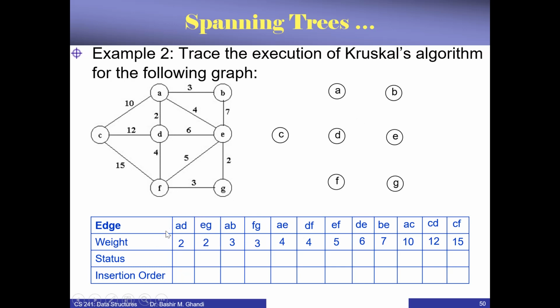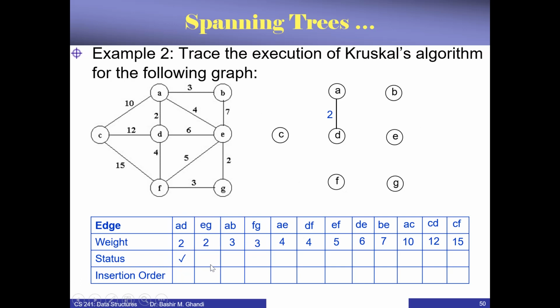So obviously the smallest edge, well, there are two smallest, AD and EG, but we're going to take AD first because it is the one that appears alphabetically first. So we're going to try and add AD. Obviously, being the only edge, it will not create any cycle, so we're going to accept it.